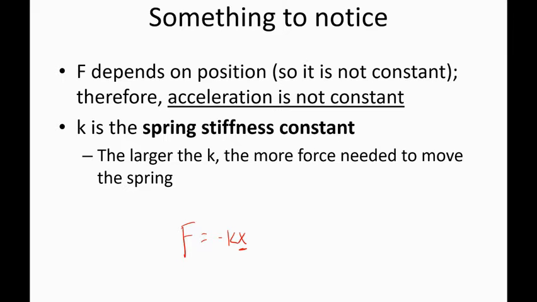The looser your suspension is, or the lower your k is, the more your car is going to bounce up and down and up and down when you go over speed bumps. So the larger the k, the more force needed to move it. Okay, so a car is going to have a large k. A dart gun is going to have a low k.